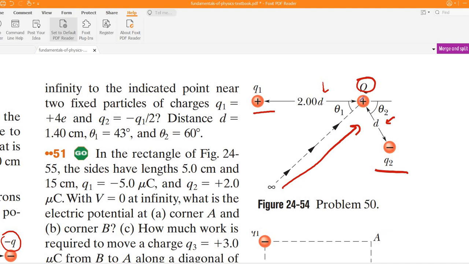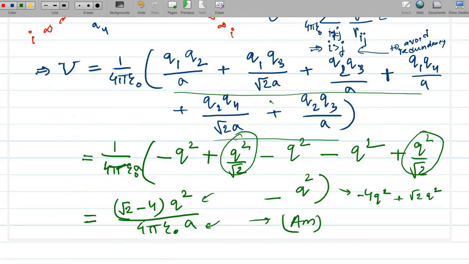And in the initial configuration, the capital Q was at infinity. So it's been brought from infinity to the indicated point here. And the question is, what is the amount of work that's been done? By the way, in the previous problem, I missed one of the things. I found out the potential energy to assemble the arrangement, but we were supposed to find out work.